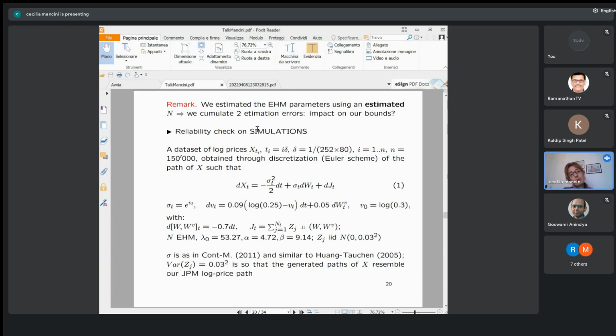So we made a check of the reliability of our formulas on simulations.